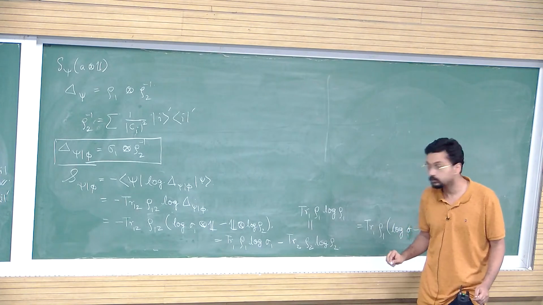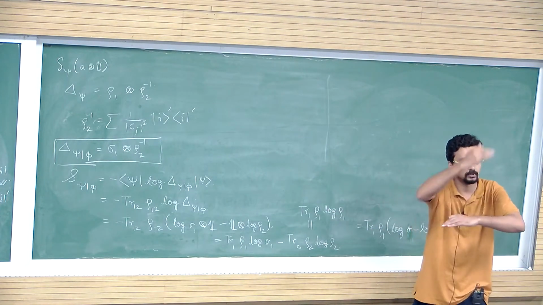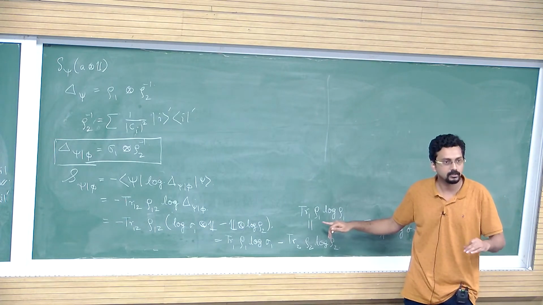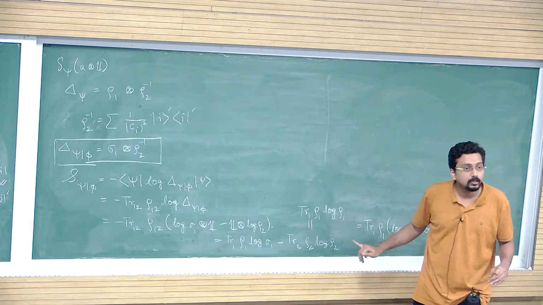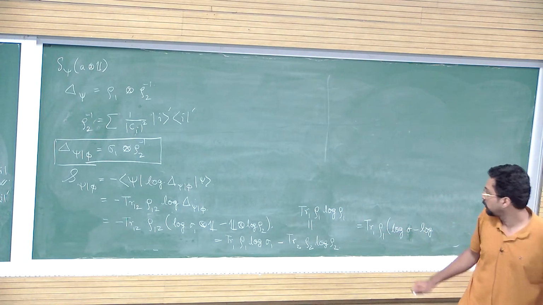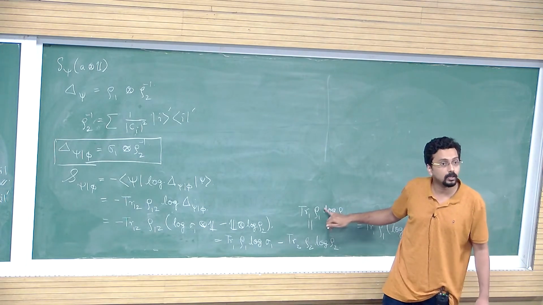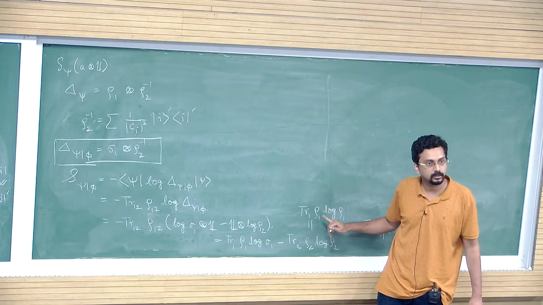Why do I need to take a star of rho 2? This is a trace. So you have a double copy, you have the same system twice, and trace over, I mean, this is trace 1 of rho. You think of some kets as stars, no? You're saying you can think of the kets in the... But now it's in rho. I mean, these are like matrices, n cross n matrices.